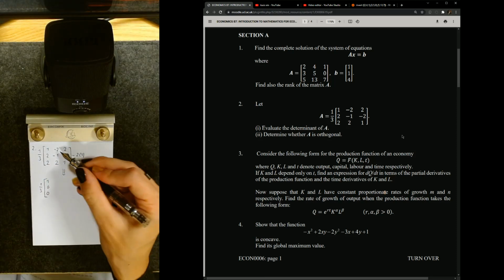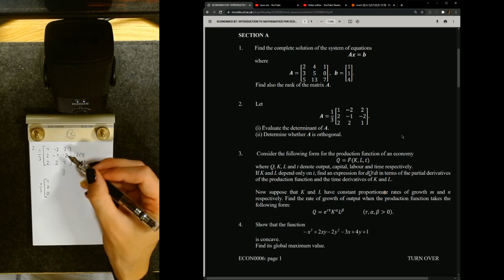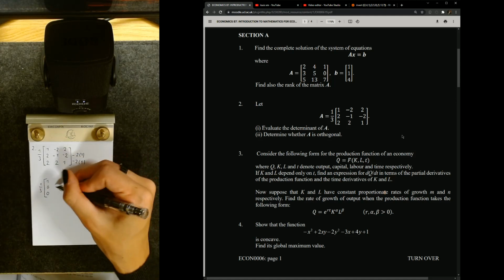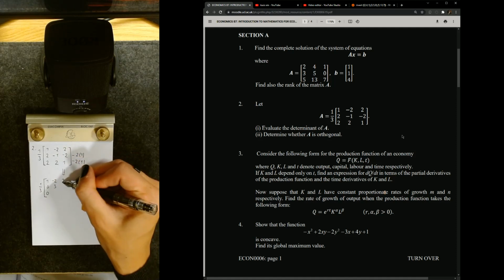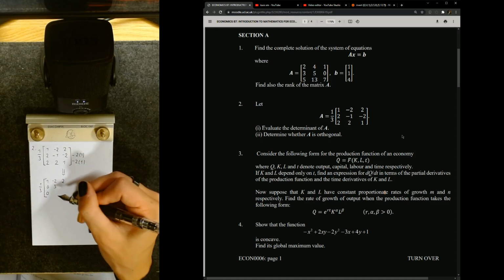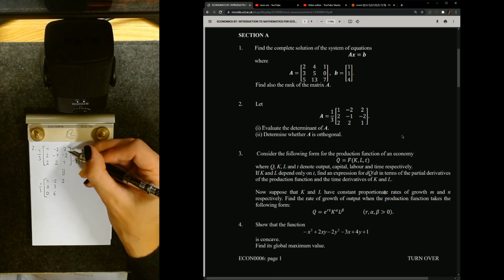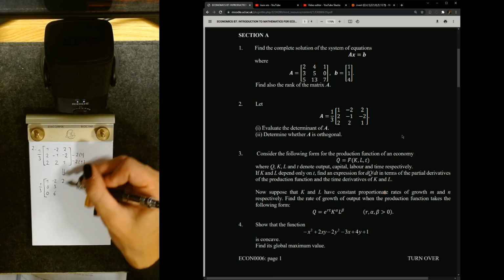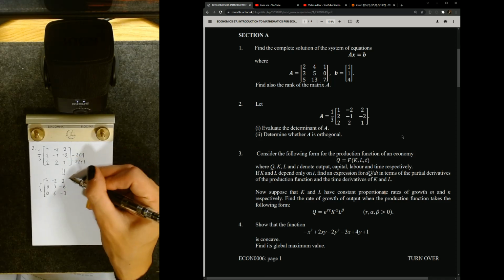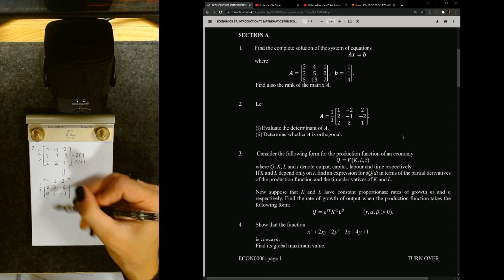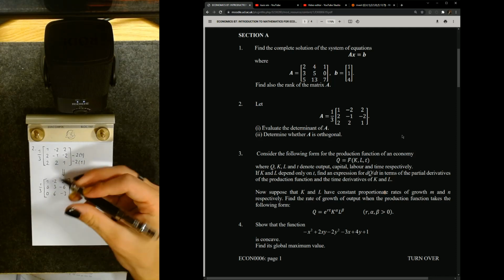Given that we are minusing 2 lots of that, we're minusing minus 4, which gives us 3. Hold on, let me write that in. And then minusing minus 4, and again, plus 4 gives us 6. Then we're minusing 4, which gives us negative 6. And minusing 4 from this gives us negative 3. Okay? So we've reduced the x1 row, now we go for x2.